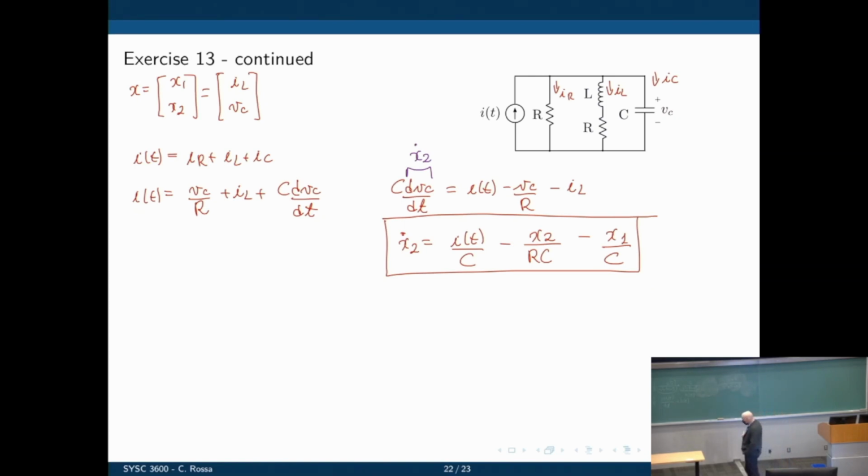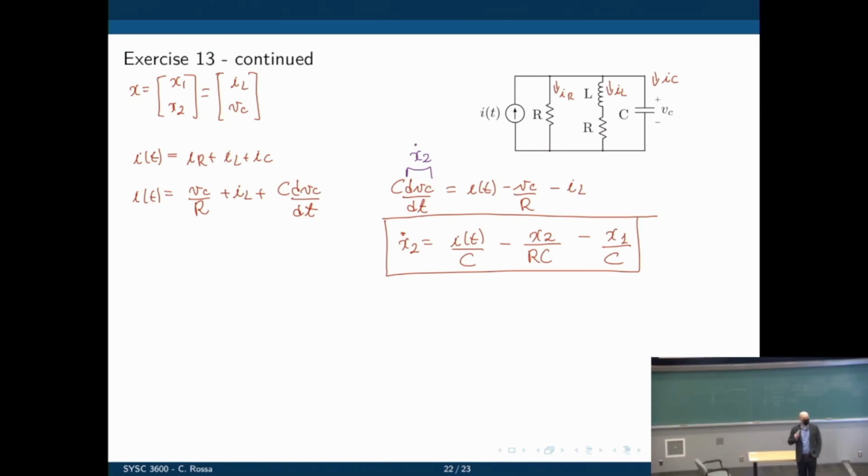Okay. So now we did half of the problem here. We have the derivative of one of our states. Now we need the derivative of the other state that is only a function of the states themselves. And that is the derivative of IL. So before you write any equation, let's think about it. Which equation will give us the derivative of IL?